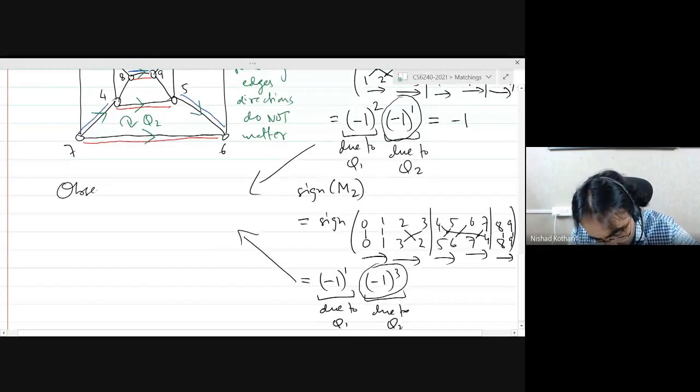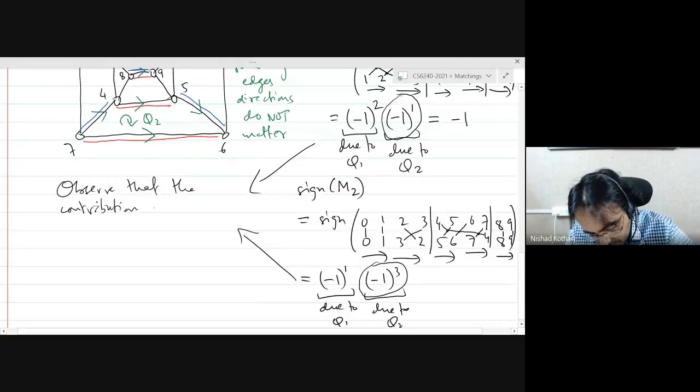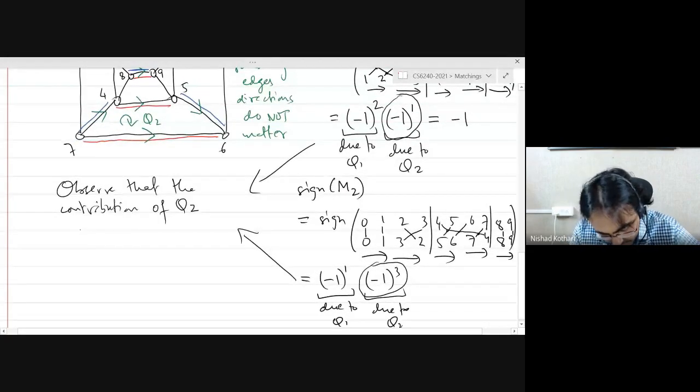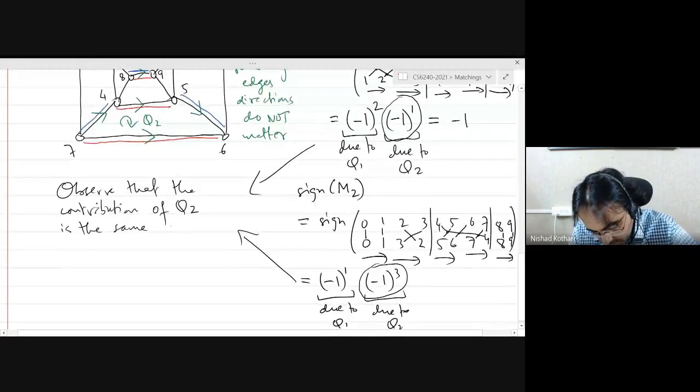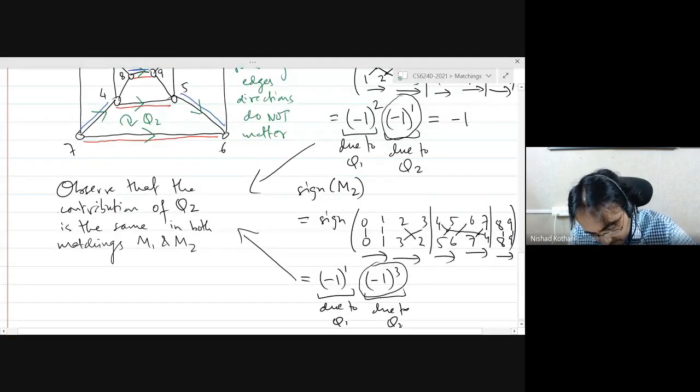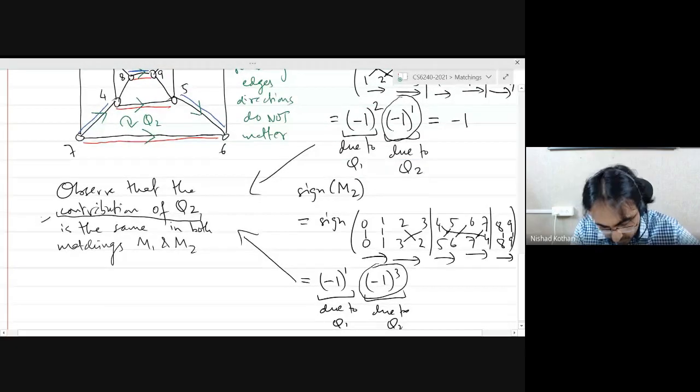So observe that the contribution of Q2 is the same in both matchings, M1 and M2. It is exactly minus 1 to the power an odd number, which is minus 1.